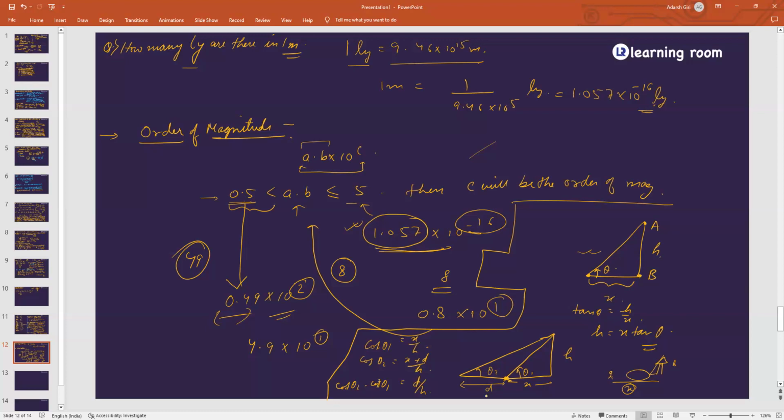So if you get D upon H, what do you require? You require H. Take it to the other side: H is D upon cot theta 2 minus cot theta 1. These are the small things that they have asked you to do. I don't think that is required there. Even in school, they don't ask. Agree everyone or not? Yes, sir. Okay.